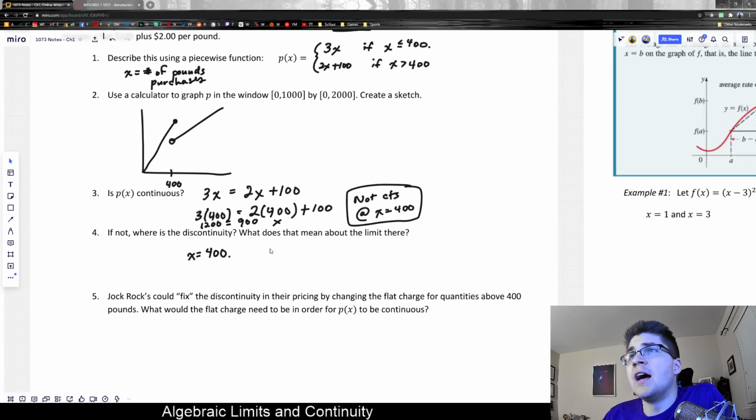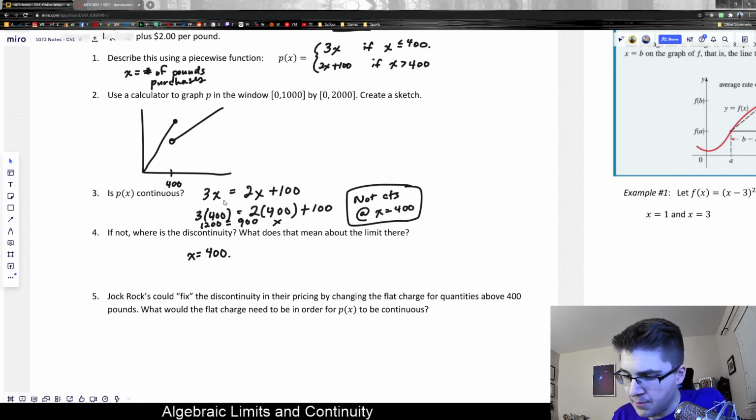But what we already kind of figured out was that the limit doesn't exist because, when we're coming from the right hand side, we're headed towards 900. When we're coming from the left hand side, we're headed towards 1200. So let's go ahead and sketch that out below.